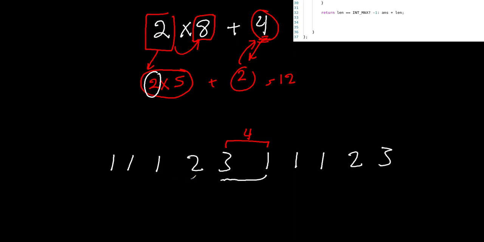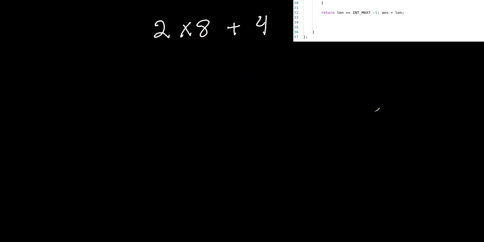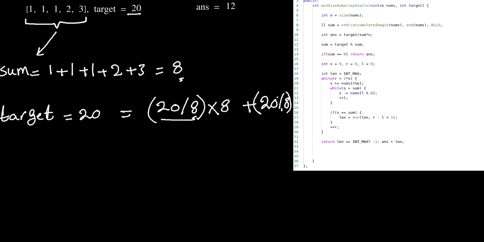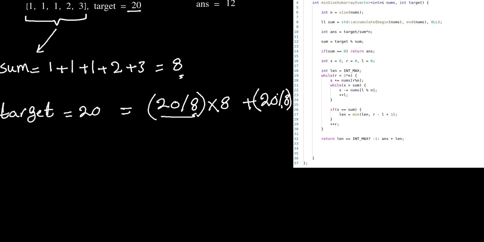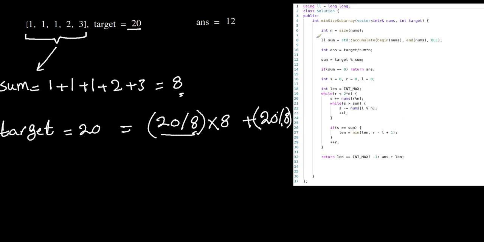Now the question is, how can we find this smallest or shortest subarray with sum equal to 4? To do that, let's look into the code. So here, as we said, we calculate the sum of all elements in the array.